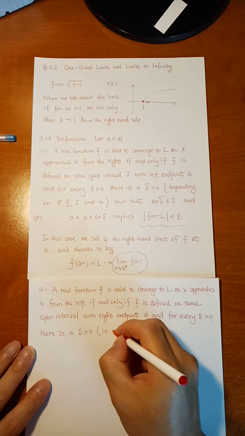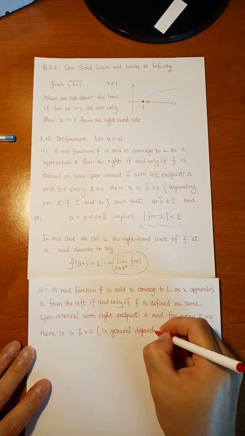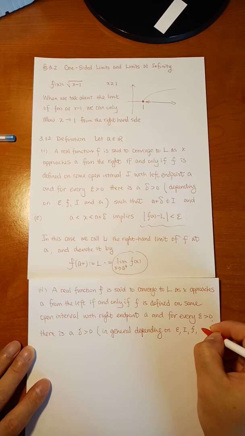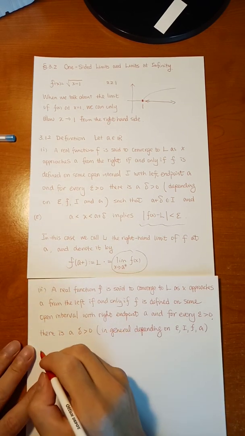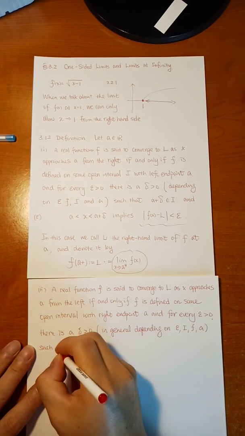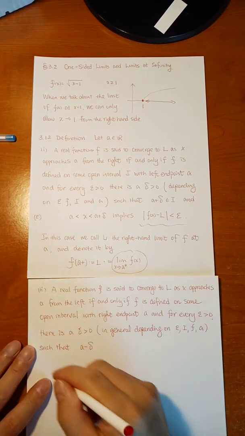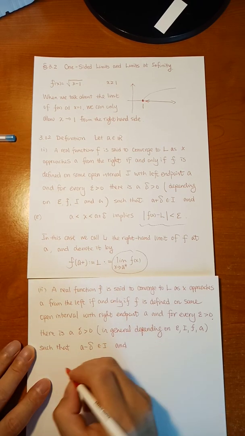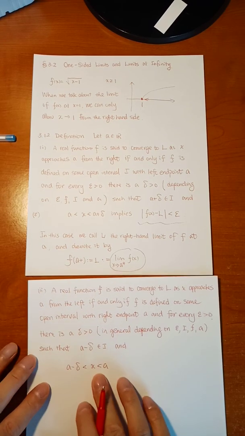Again, in general, depending on epsilon, I, f, A, such that first A minus delta, move to the left, still belongs to I, and A minus delta less than x less than A. This is on the left hand side, so it's the left limit.